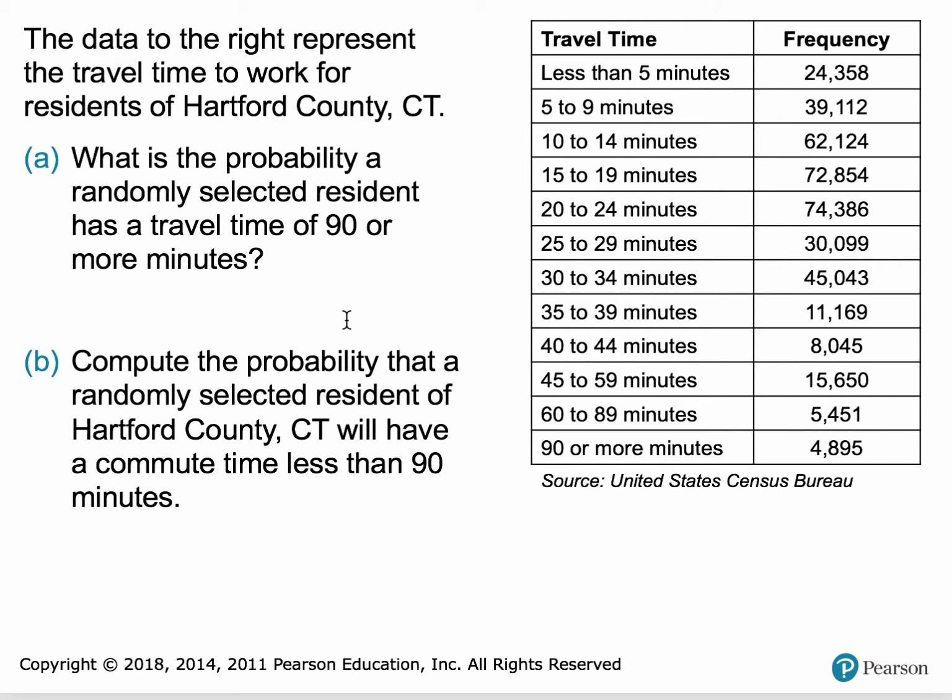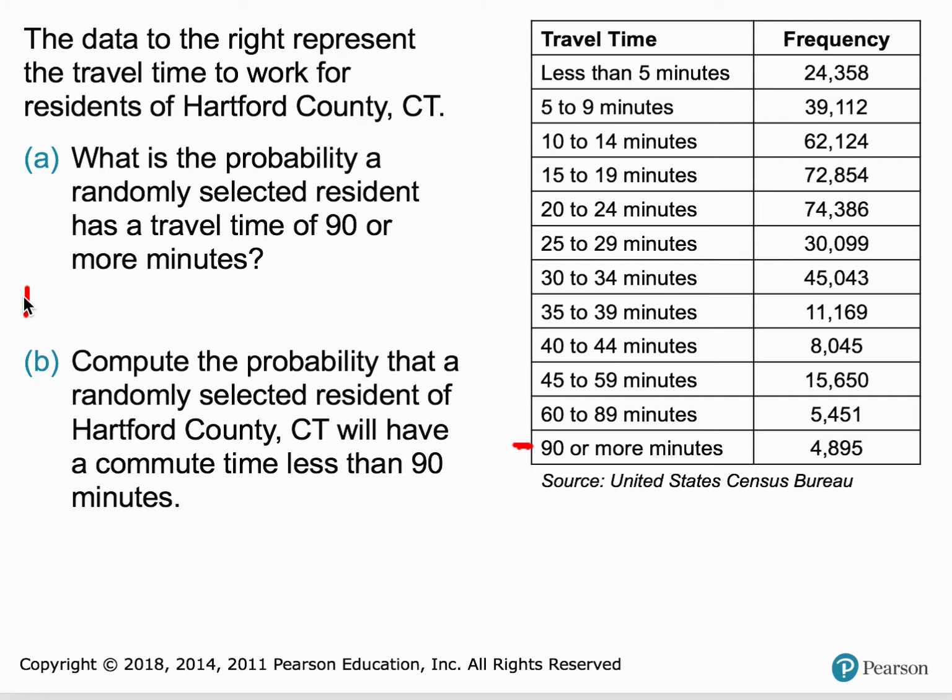Okay, the data to the right represent the travel time to work for residents of Hartford County, Connecticut. So what is the probability a randomly selected resident has a travel time of 90 minutes or more? Okay, 90 minutes or more. It's right here, and this is the frequency.